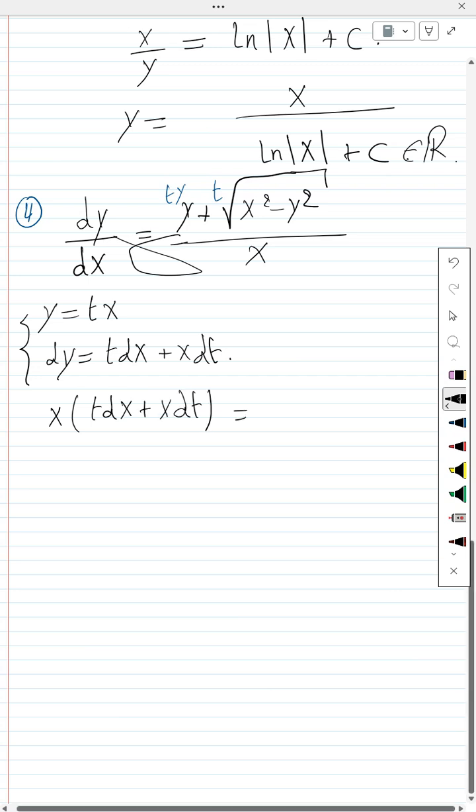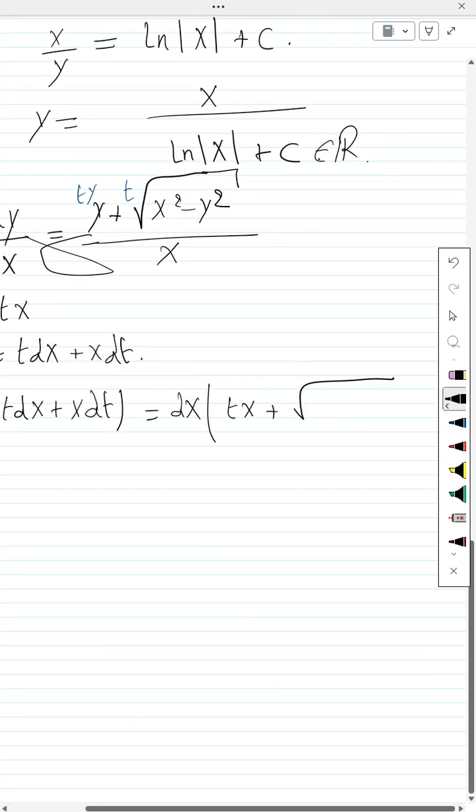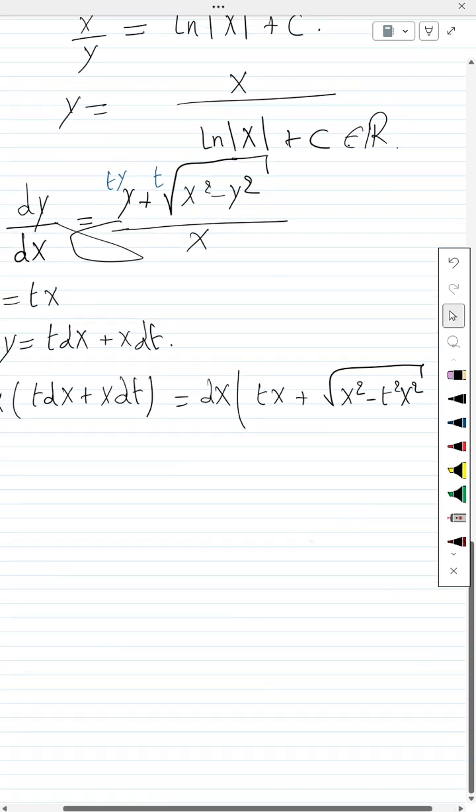So x dy is going to be x times t dx plus x dt, equal to dx times y, which is tx, plus the square root of x squared minus t squared x squared.